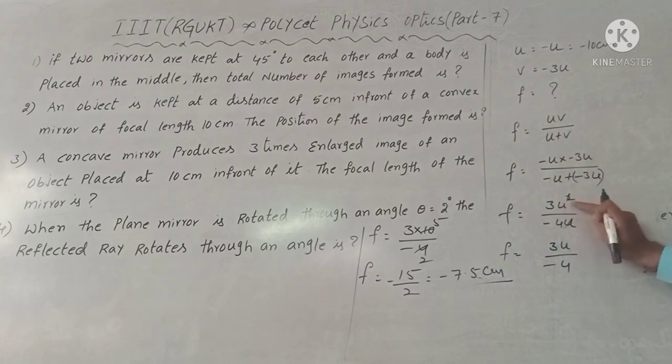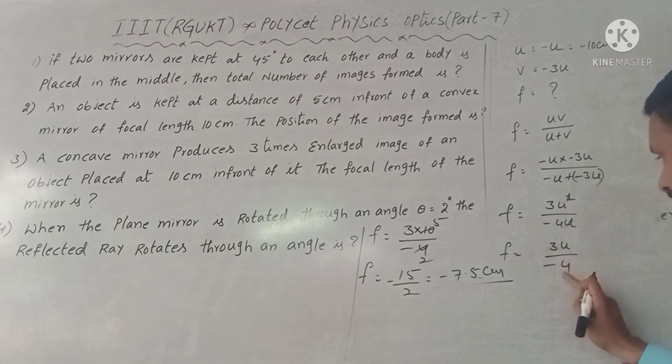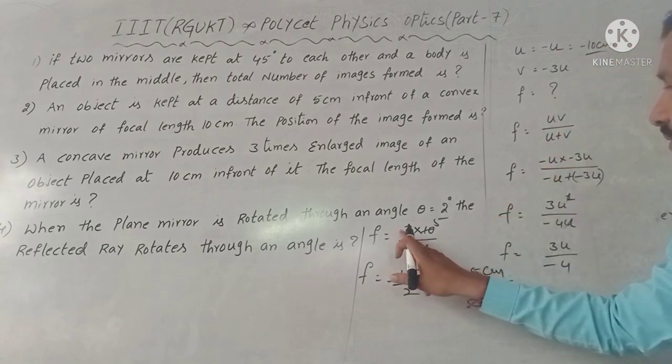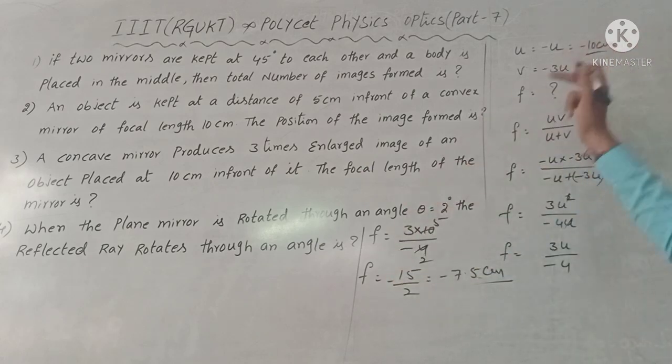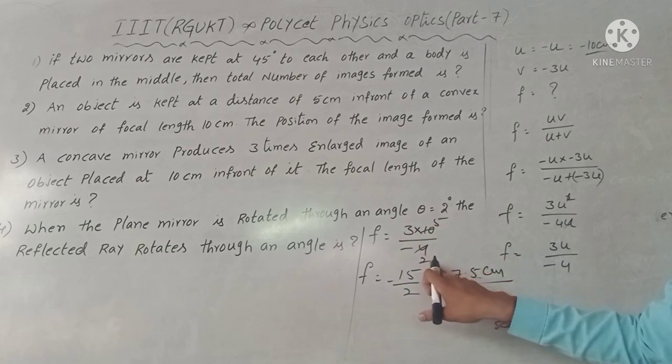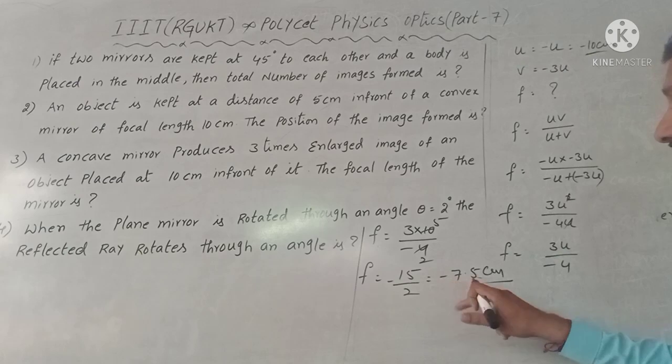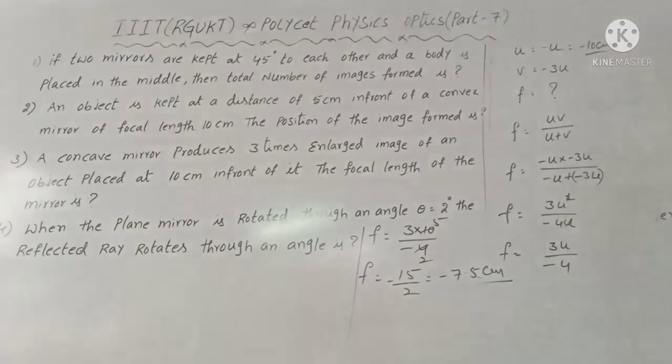Minus into minus is plus, 3u square by minus 4u. Numerator and denominator u cancel. So f is equal to 3u by minus 4. Then substitute the u value 10, so 3 into 10 by 4. So f is equal to 15 by 2, that means minus 7.5 centimeter.